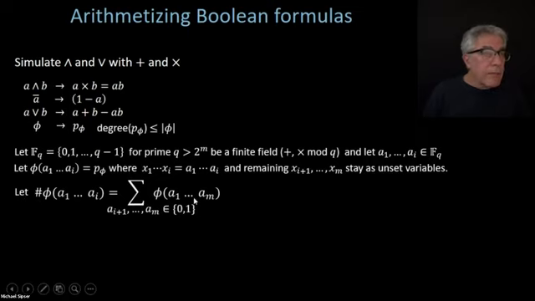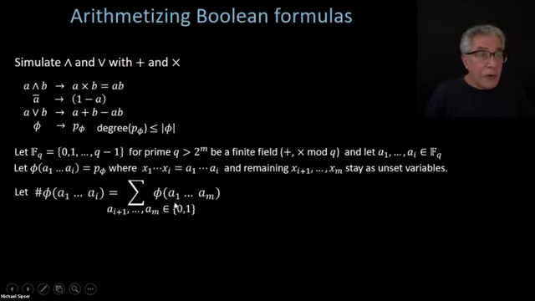So now remember from before, number phi was the number of satisfying assignments when I preset the first i values. It no longer makes sense to talk about satisfying assignments because these values may no longer be Booleans.